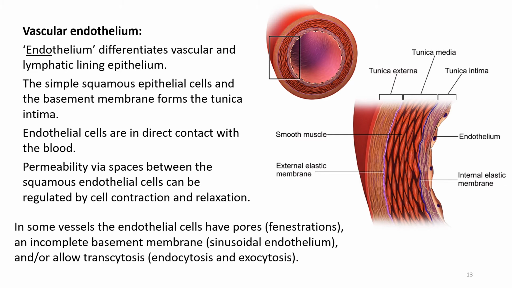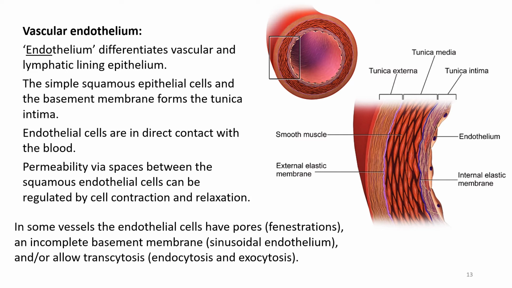In some vessels, depending on the levels of permeability required, the endothelial cells themselves have pores through them called fenestrations. This would be fenestrated endothelium. So there are actually holes through the cell to increase the permeability.